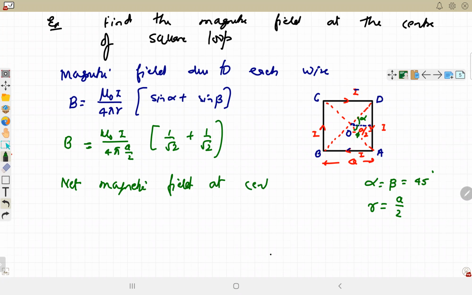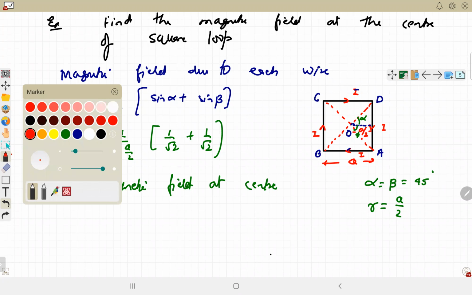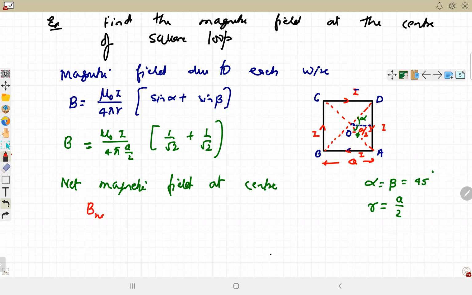So to calculate the net, we'll multiply by 4. Net magnetic field will be 4 times that. Mu naught I, यह cancel होके 2 हो गया, 2 pi a, and 1 by root 2 plus 1 by root 2 becomes root 2. So 2 root 2 mu naught I divided by pi times a.